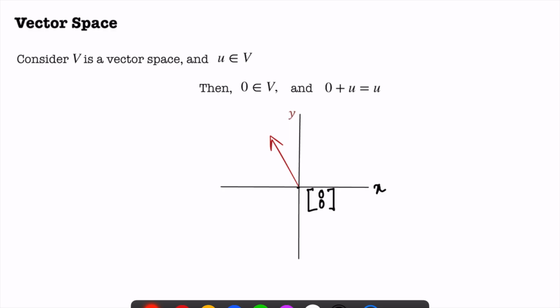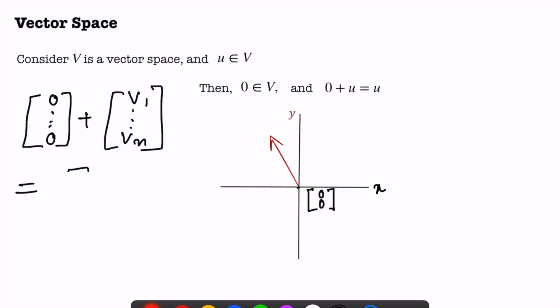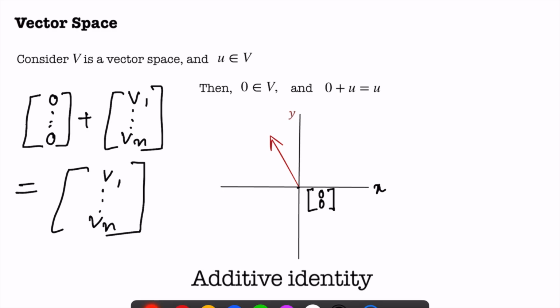For any n dimensional vector, the zero vector will be n zeros, and if we add any n dimensional vector with that, we'll get the same vector. This property is called additive identity. So this 0 is additive identity.